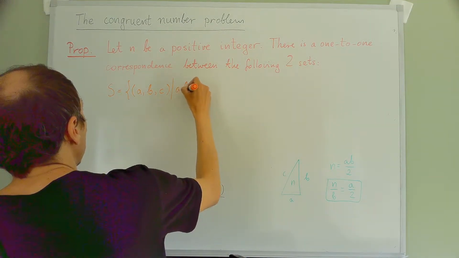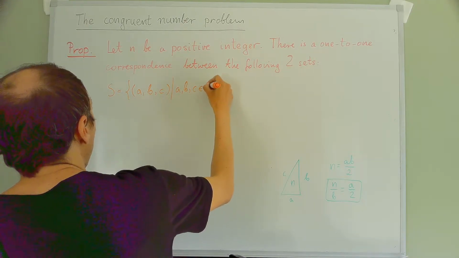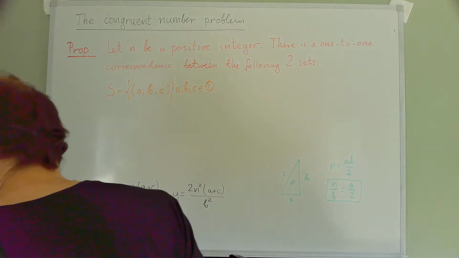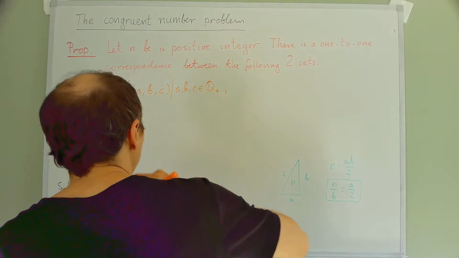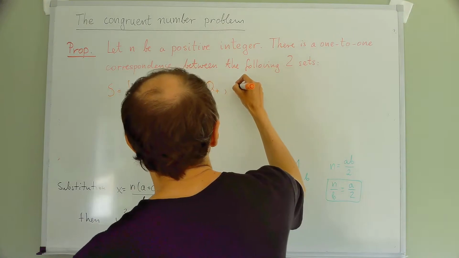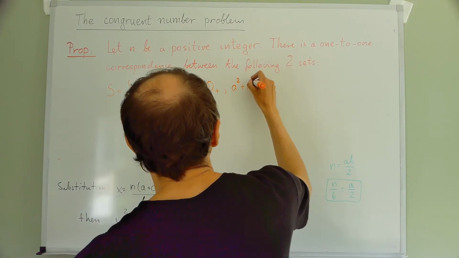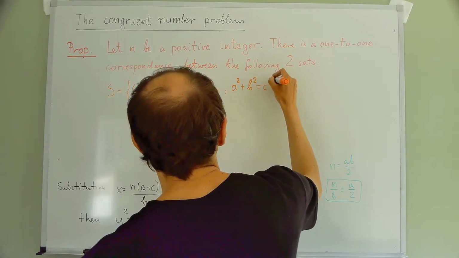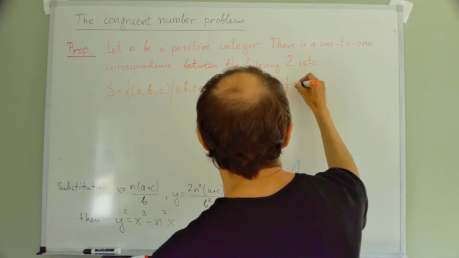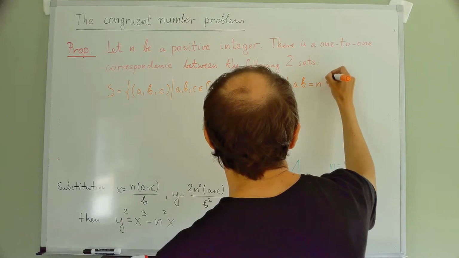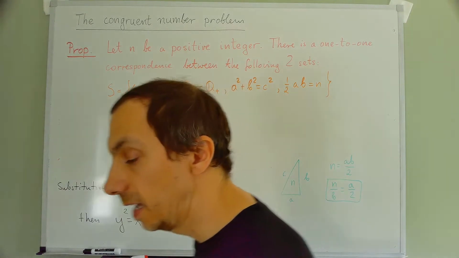A, B, and C are rational. They are positive rationals, in fact. And we have a squared plus b squared is equal to c squared, and 1/2 ab is equal to n.